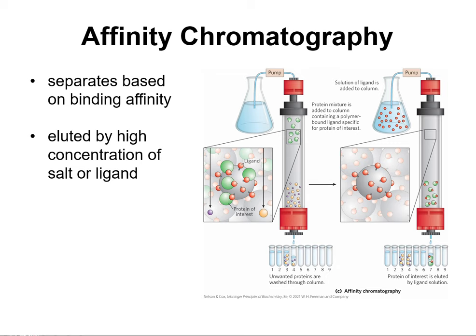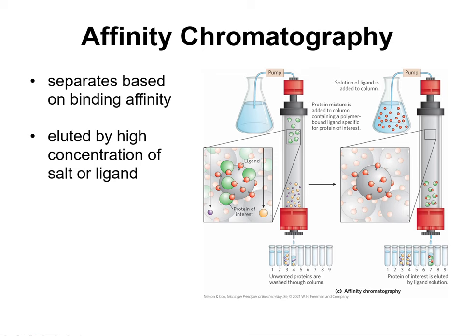Then you can have affinity chromatography, and this is based on binding affinity. So some proteins interact with a ligand, and that's just a small molecule that it will bind to, and it'll bind really strongly. You can exploit that and have your protein bind to that ligand, and everything else will just keep on going about its business.